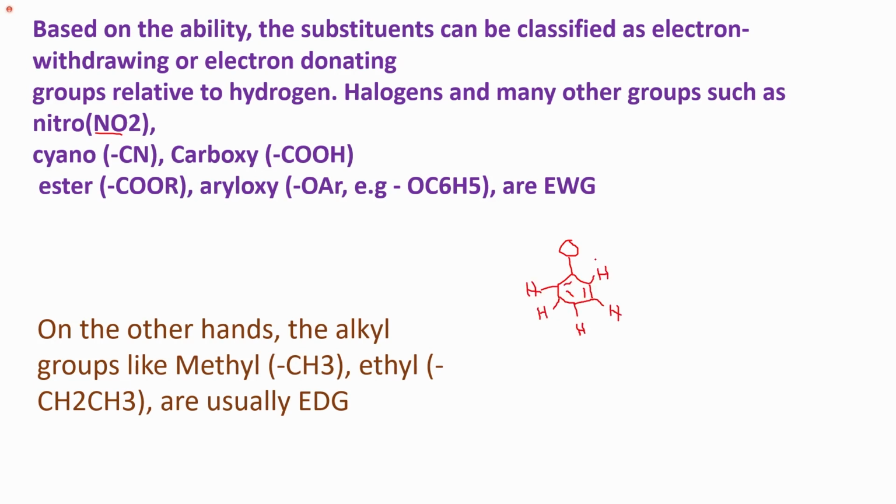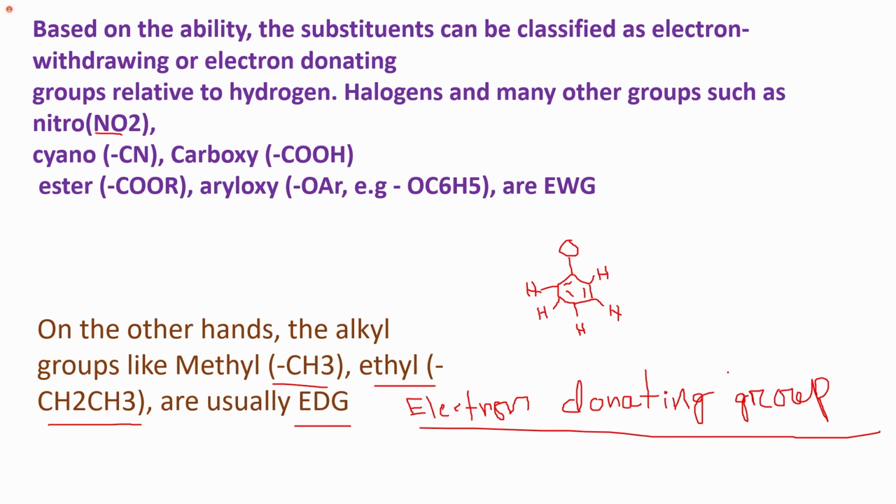On the other hand, the alkyl groups like methyl and ethyl are usually electron donating groups. This is called the methyl group, this is called the ethyl group, and they are usually EDG, that means electron donating group.